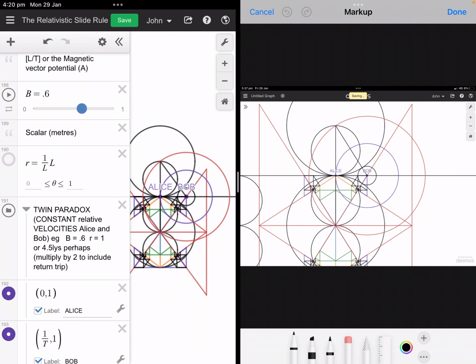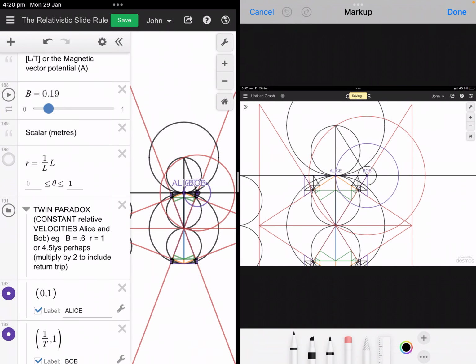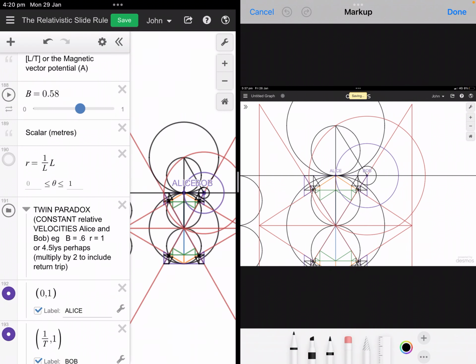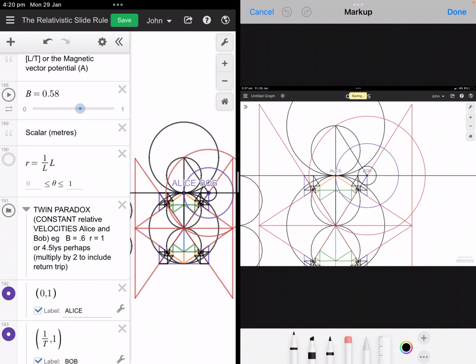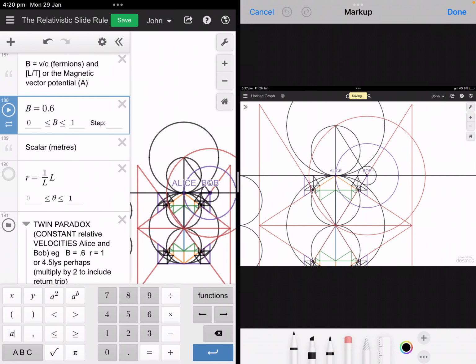So you can see that at different velocities different things happen, things change, but at 0.6, a velocity of 0.6 exactly, it looks like this.